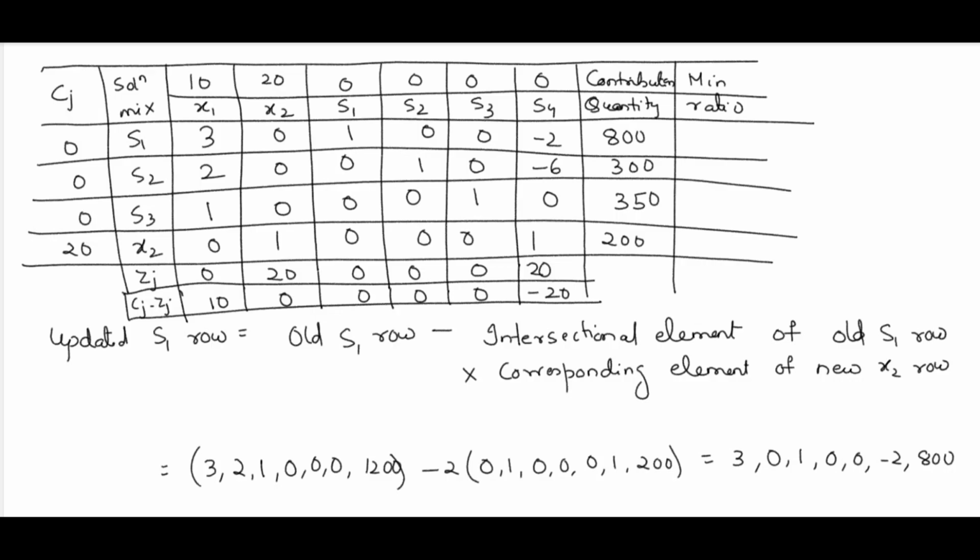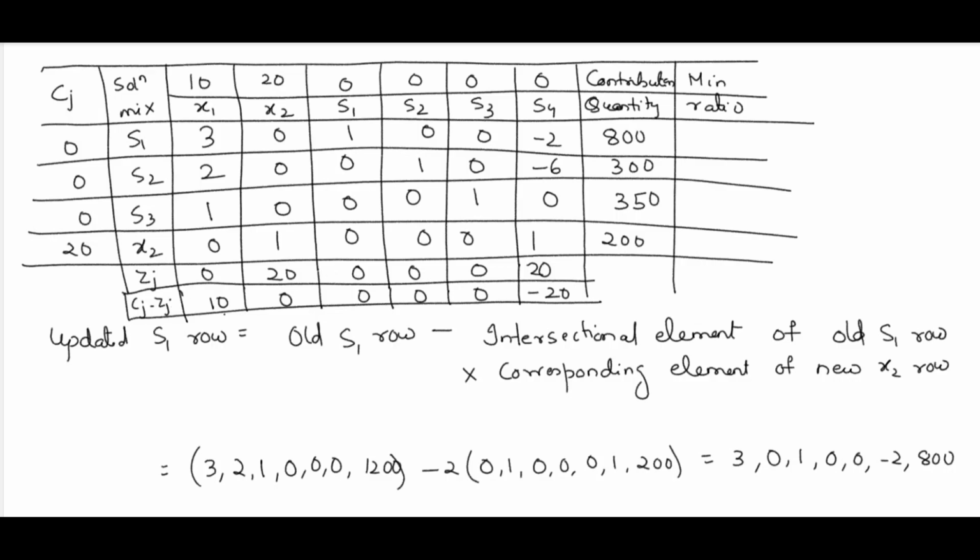So what is the rule for maximization? Remember that this is for maximization. For maximization, a different selection rule is there, and for minimization, a different selection rule is there. This video I am doing for maximization, and the rule is that we have to choose the maximum CJ minus ZJ value.